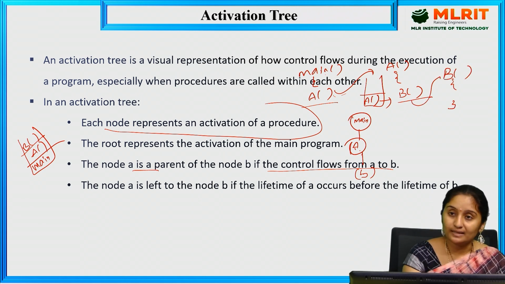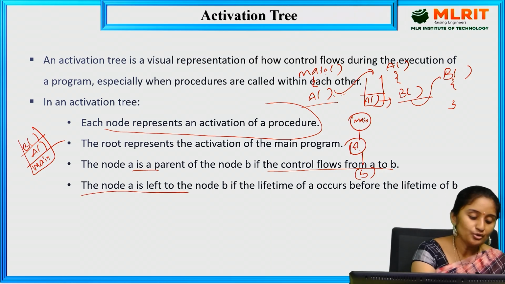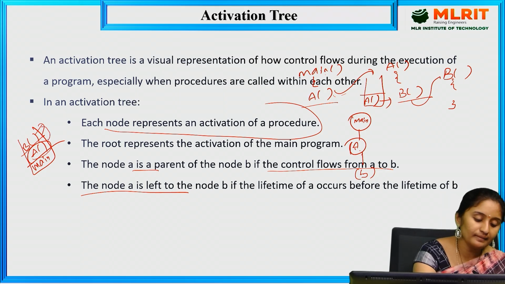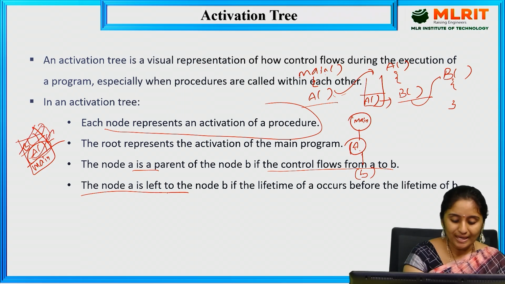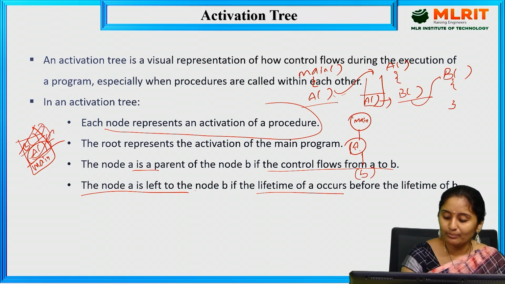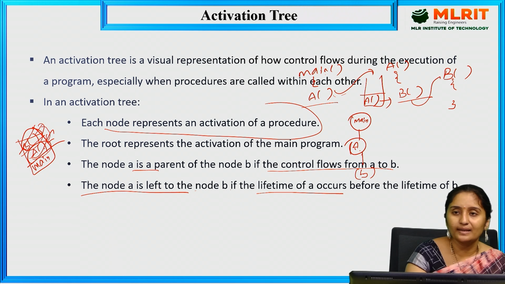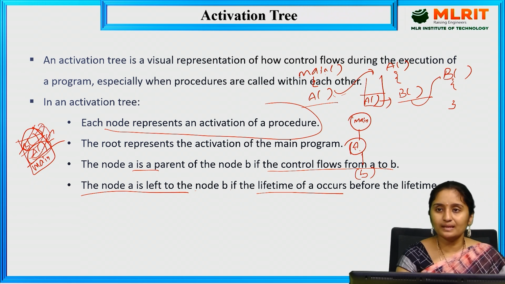So what is this statement telling? A's lifetime will last until I complete the B program. Until B's execution is completed, A will be active. Why? Because once B is popped, only then can A be executed. So A is left of the node B if the lifetime of A occurs before the lifetime of B.